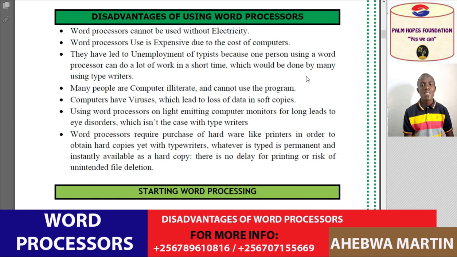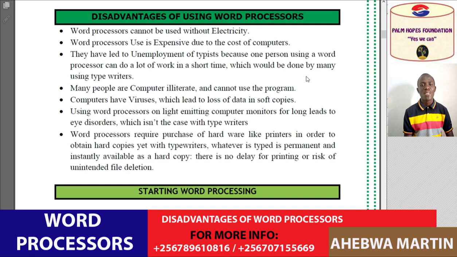Word processors require purchase of hardware like a printer in order to obtain hard copies. Yet with typewriters, whatever is typed is permanent and instantly available as a hard copy. There is no delay for printing or risk of unintended file deletion.